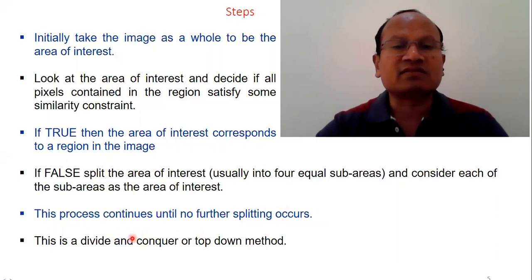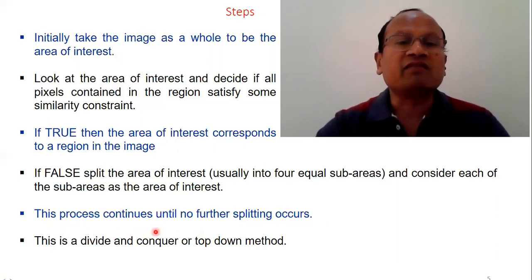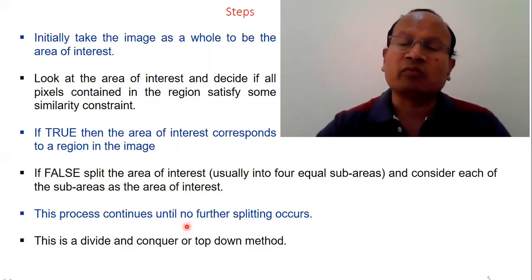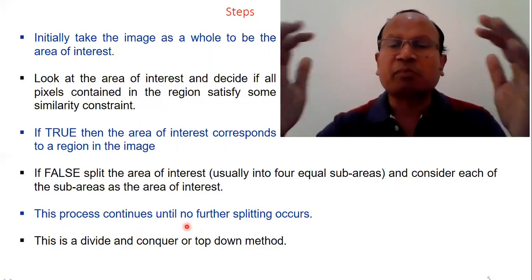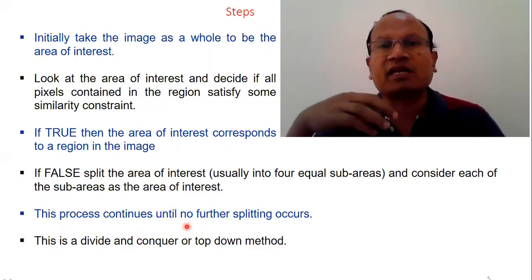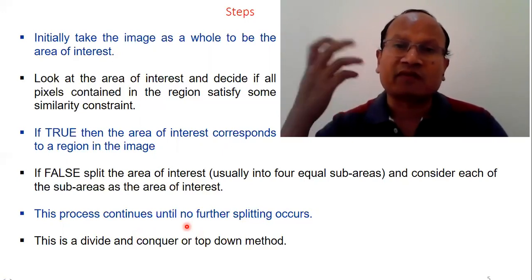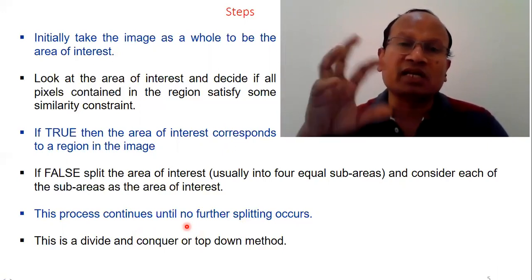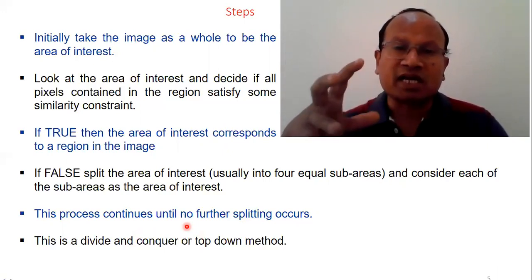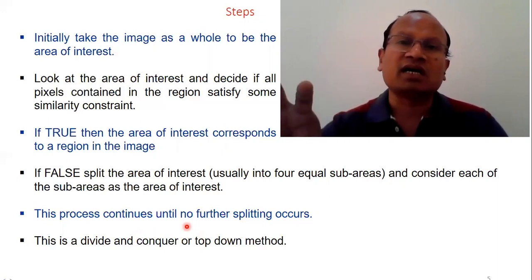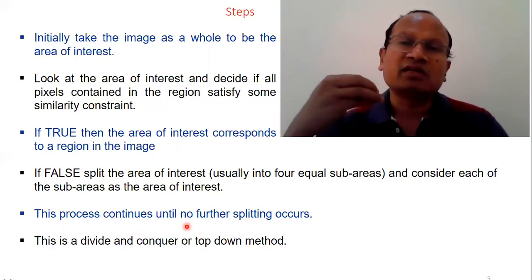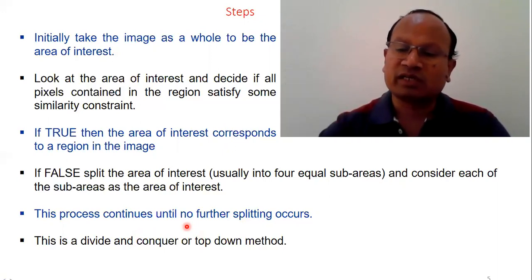This structure is sometimes called divide and conquer or the top-down method. Top-down means parent-child: we keep on splitting from parent to child, obtaining a number of children from a parent, and descending in this manner until there is no possibility to separate any more disjoint regions.